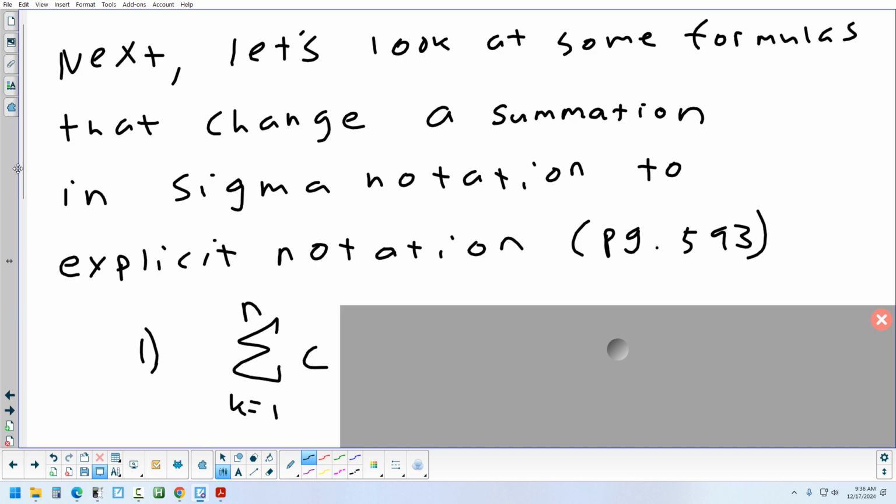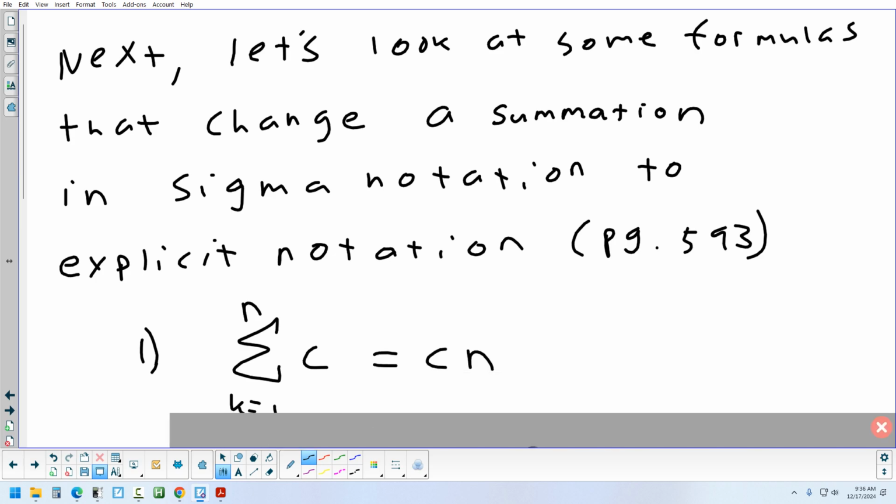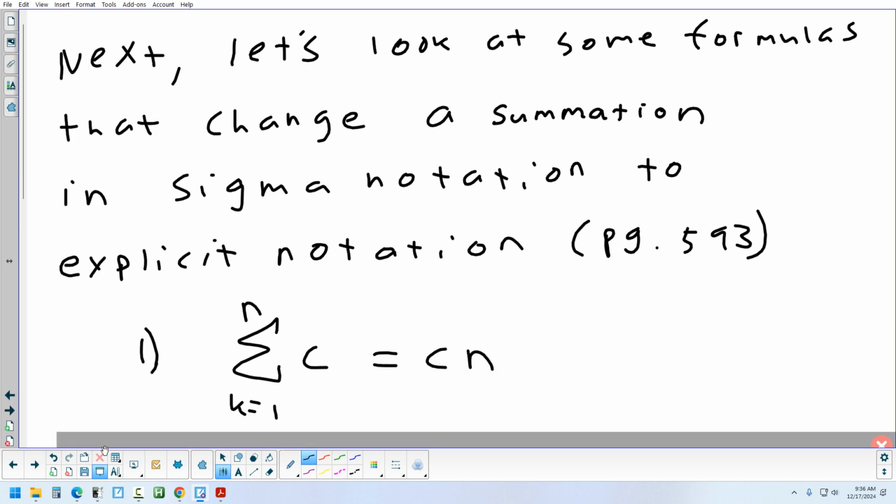It's the same thing we just did, except it's not a 3 and a 5. This time it's a c and an n. Yep. It would be c times n. Exactly. So if you have to add up a constant, which is something without a variable, and you have to do it that many times, it's going to be c times n. You just multiply those two numbers together, and that gets rid of the sigma and gives you a nice number for the answer.